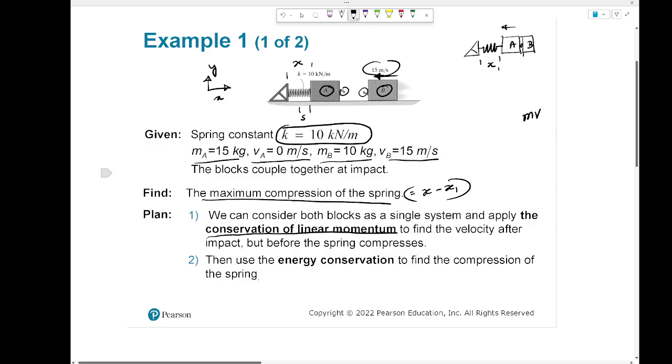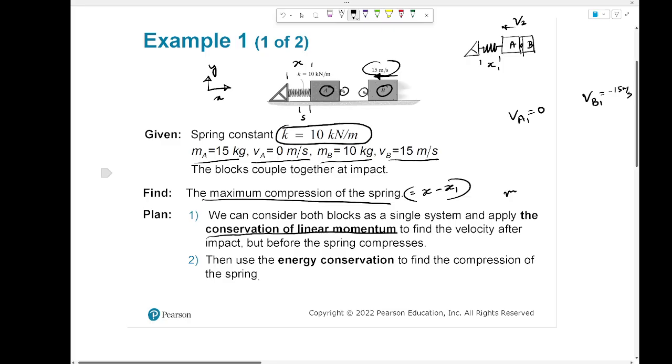The other one, once you have that velocity, you see that goal, the first step would be finding the velocity after the impact. What would be the velocity here? It makes sense? The velocity v2, and you have the initial velocities, say vA1 is 0 and vB1 is minus 15 meters per second, right? So step one is saying, okay, you do the momentum.